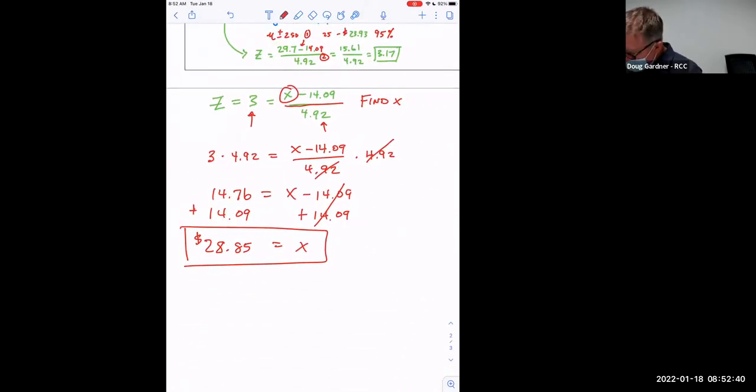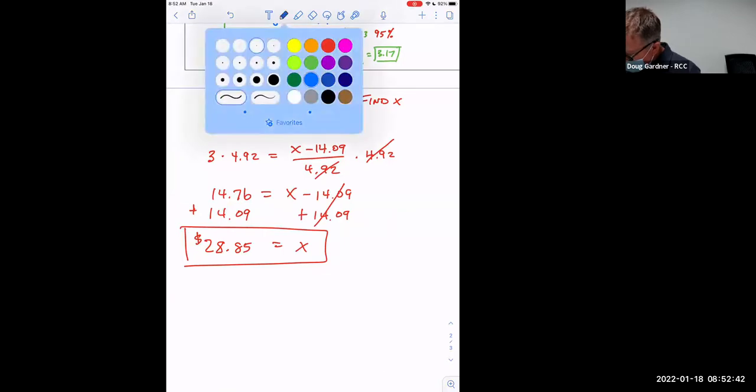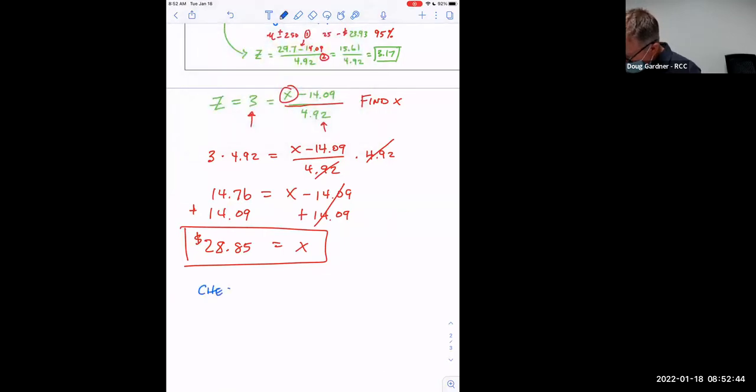If you're not confident with this, check. What z-score would I get if I took 28.85 minus 14.09 divided by 4.92? Check. I got 3. Got what I was supposed to get. Cool. I'm better at doing math forwards than backwards. You should find the red calculation there is less comfortable, unless you just happen to be really good at algebra.